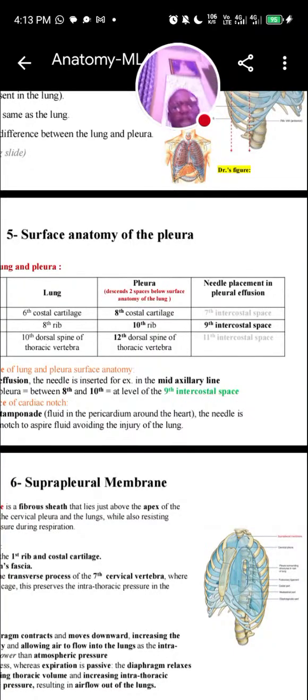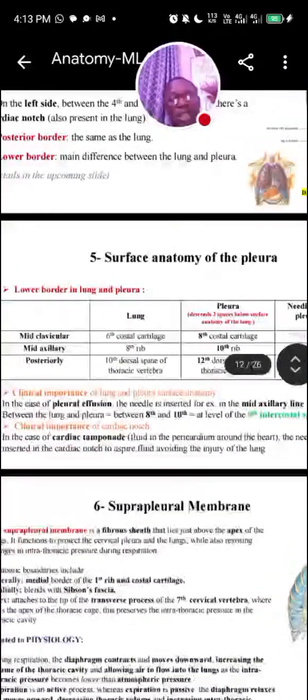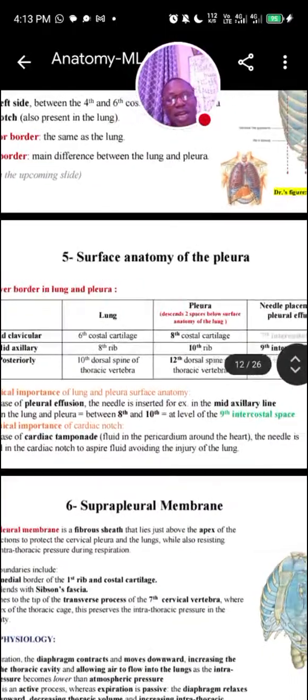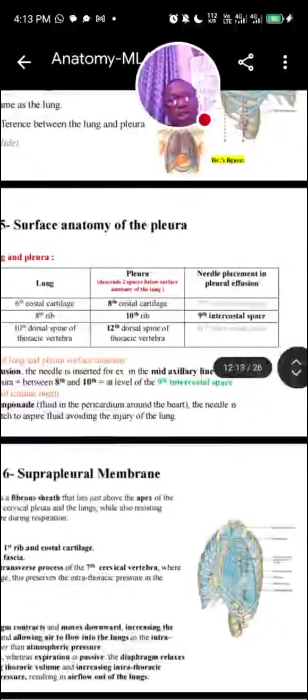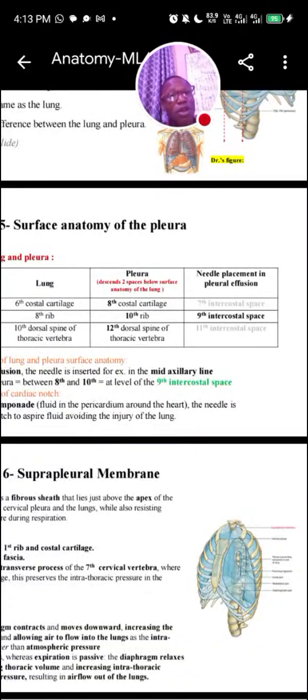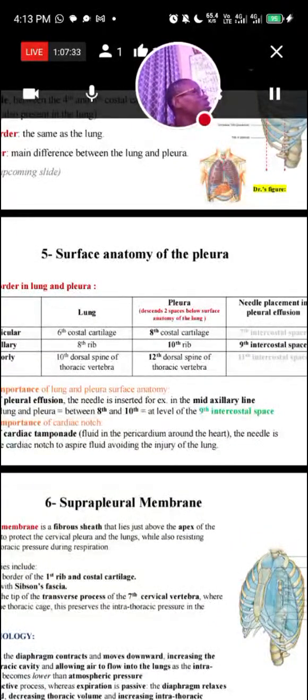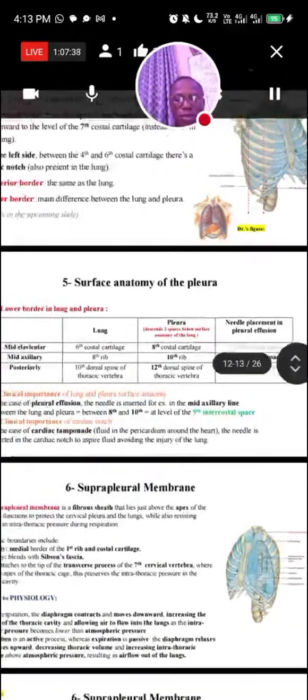So needle placement in pleural effusion is 7th intercostal space for mid-clavicular line, 9th intercostal space for mid-axillary line, and 11th intercostal space, which is what? Posteriorly. Very important concept. I wouldn't want to leave this here. Okay?